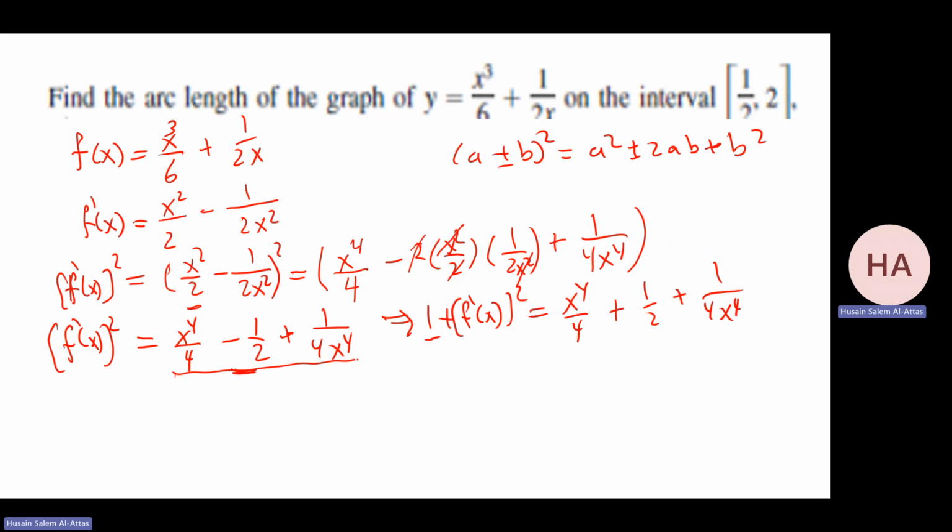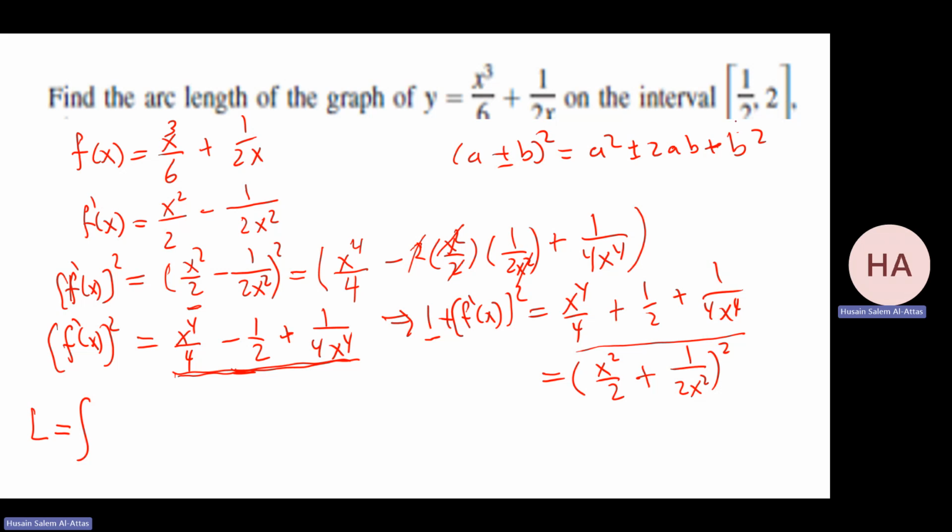So this is a complete square. So this is the same complete square. So that gives me (x squared over 2 plus 1 over 2x squared) all squared. So when I take the square root, everything will be gone. So my L will be the integral from where to where?